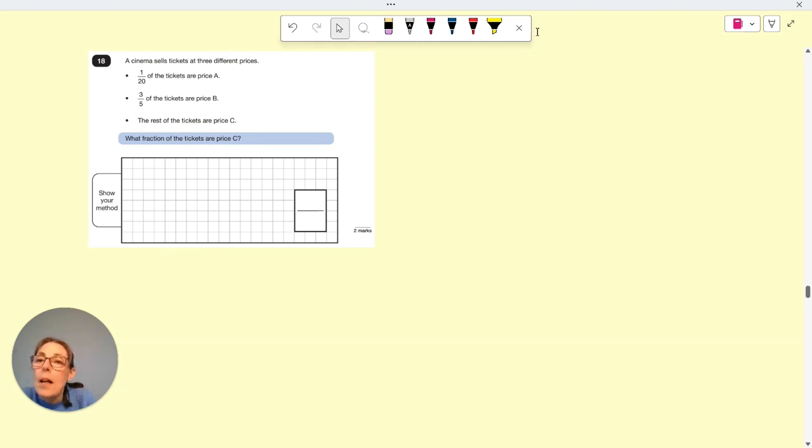A cinema sells tickets at 3 different prices. 1/20th of the tickets are price A. 3/5 of the tickets are price B. The rest of the tickets are price C. What fraction of the tickets are price C?